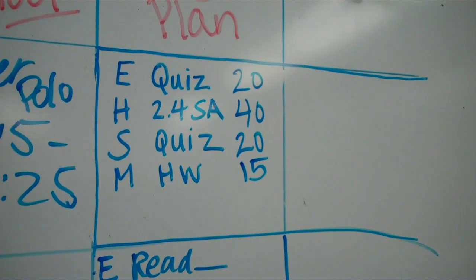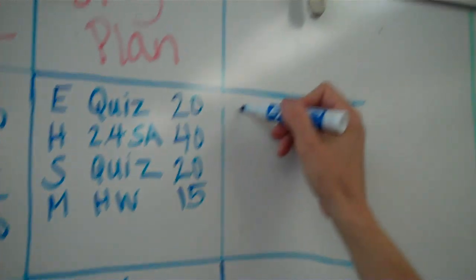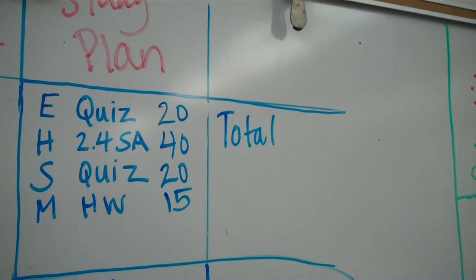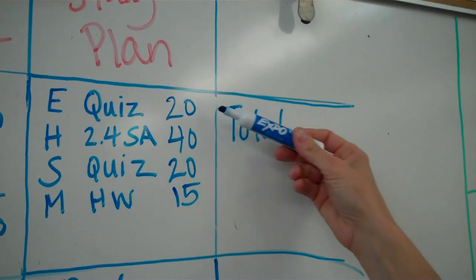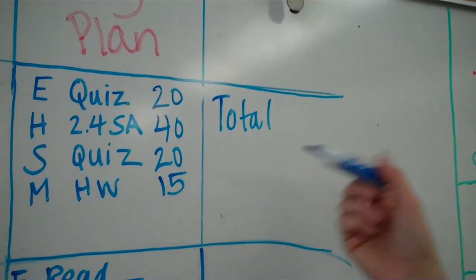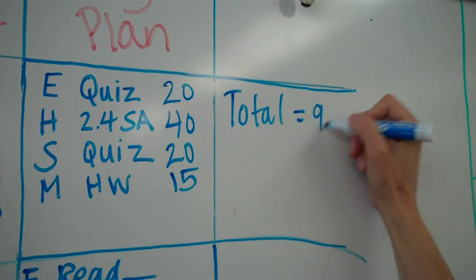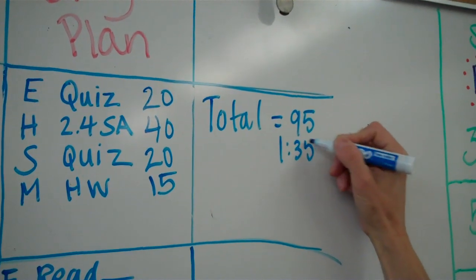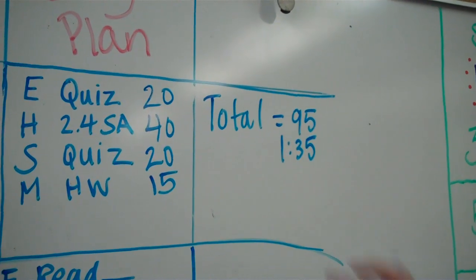So in this very last column, I want the students to actually total what they estimate their study time will be tonight. So they basically go straight down, 20, 40, so that's 60 minutes, 80 minutes, that's 95 minutes, which equals 1 hour and 35 minutes of study time that they need to plan.